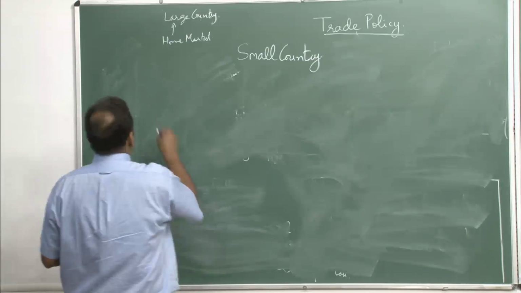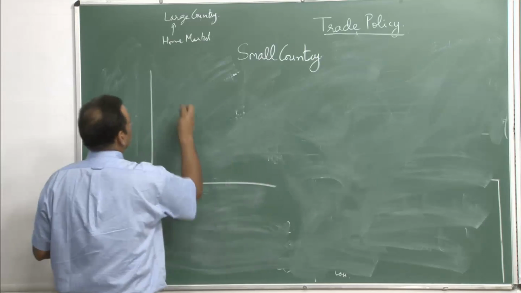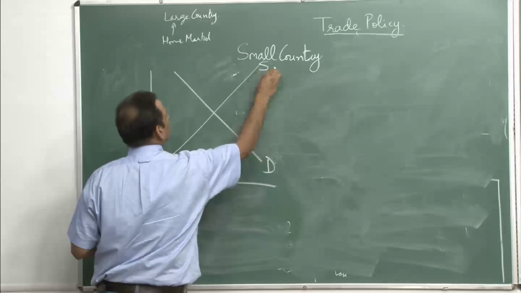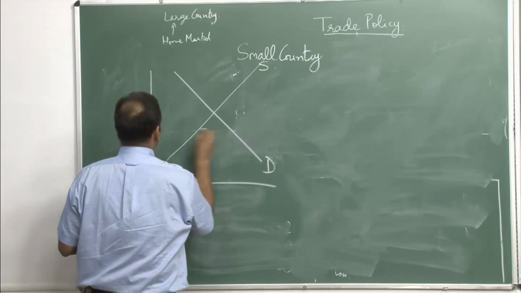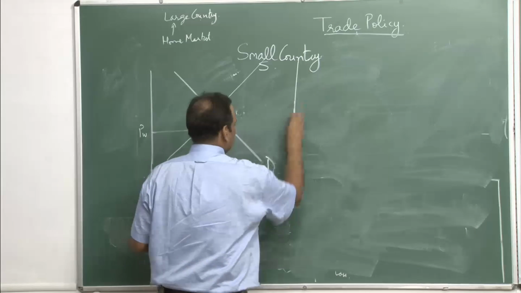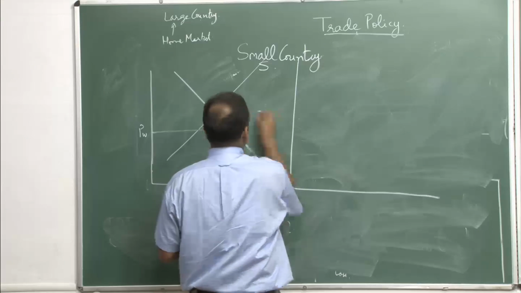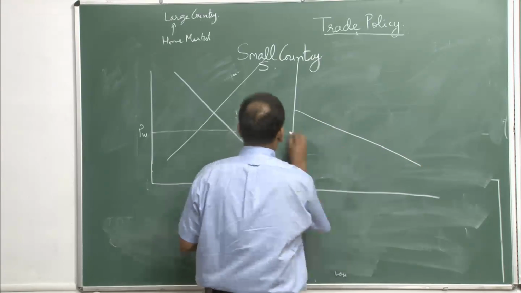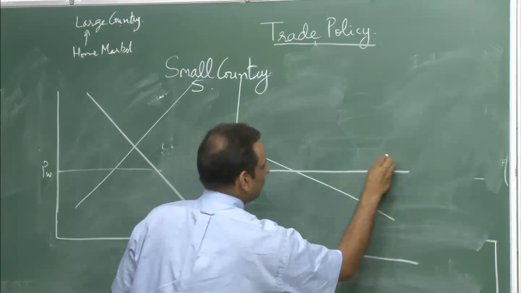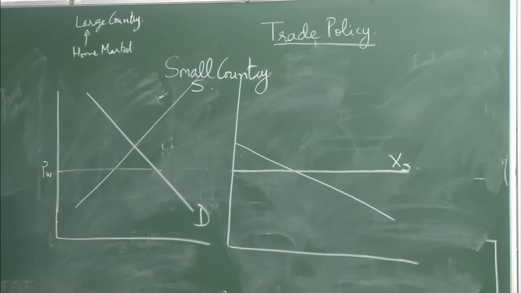So, then how do you see this? Again the same thing, this is a small country, so you have demand, you have supply. Say this is the price which prevails, and because it's a small country, the export supply curve that it faces is perfectly horizontal.